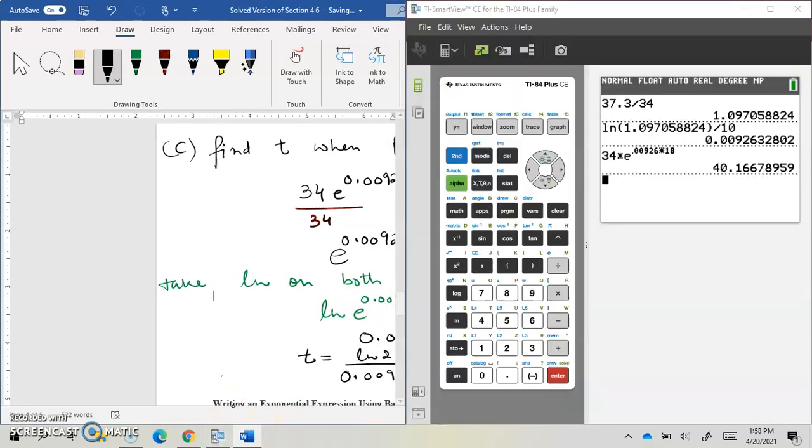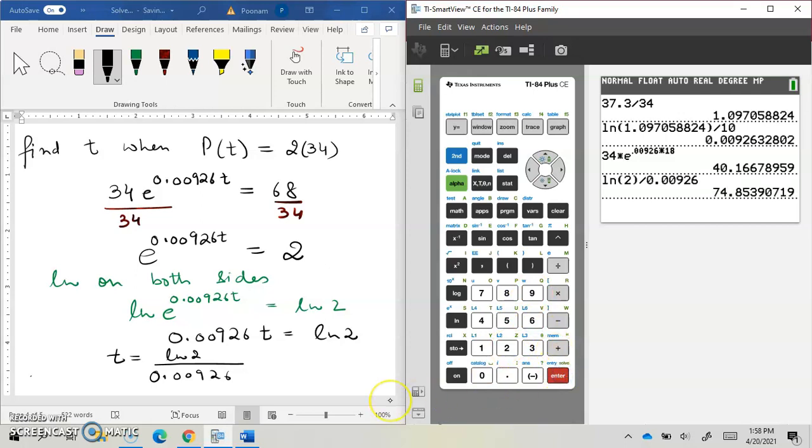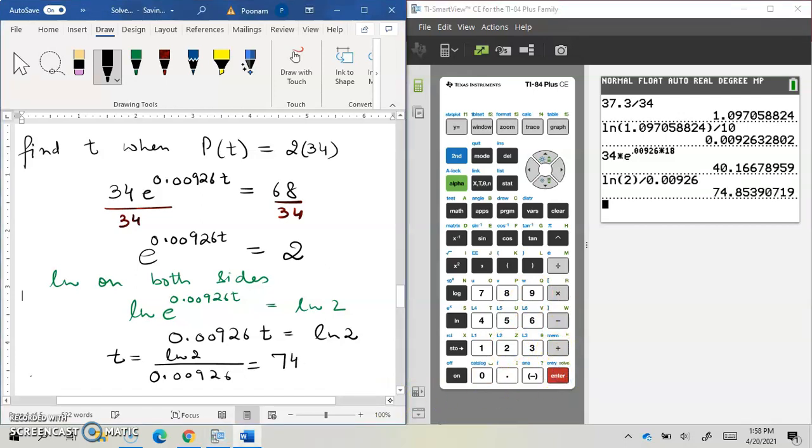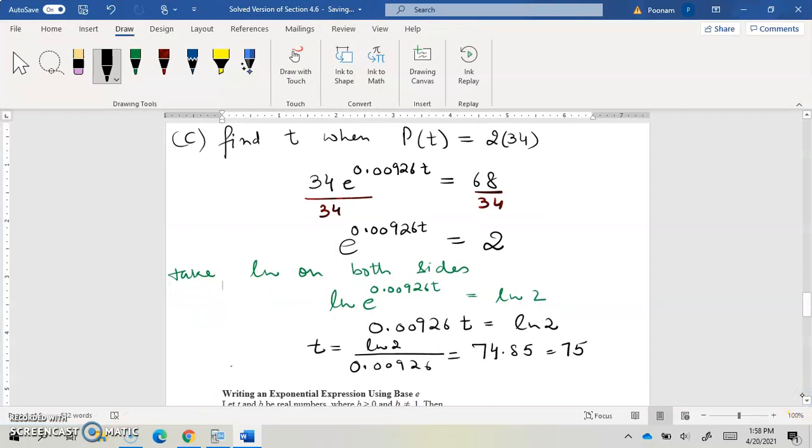You can use calculator for the calculation. 74.85. I'm going to round it up to 75. So 75 years since 2000.